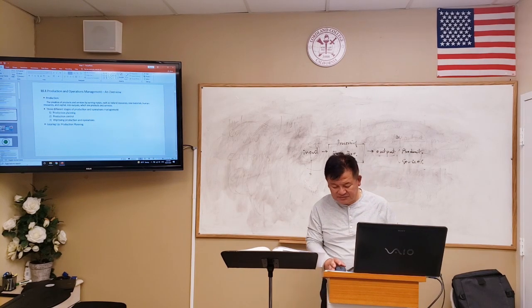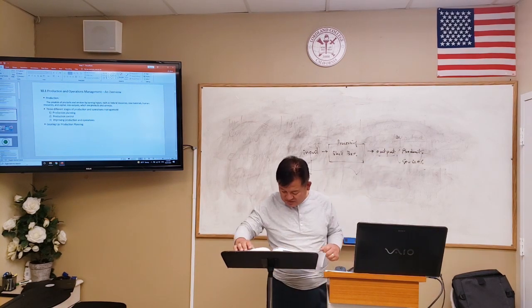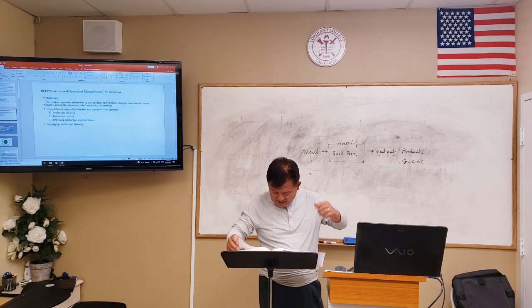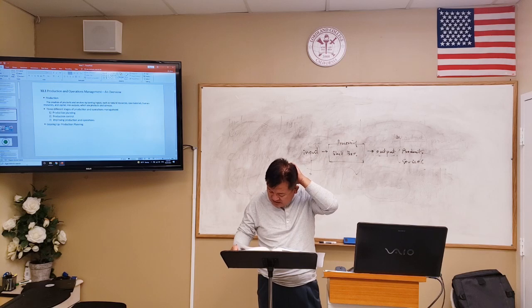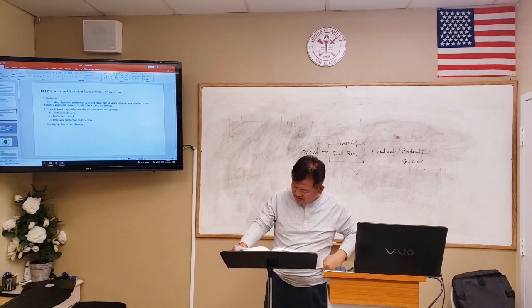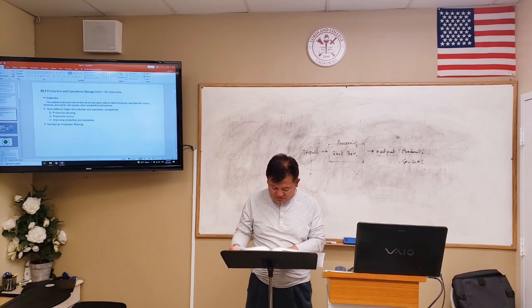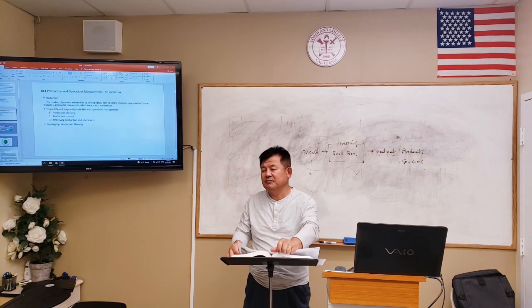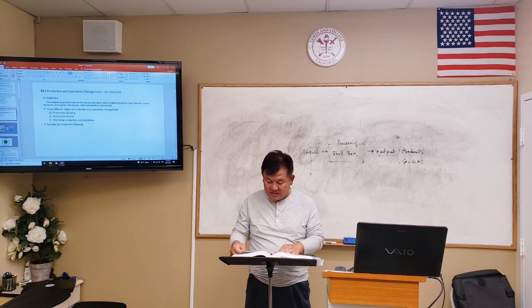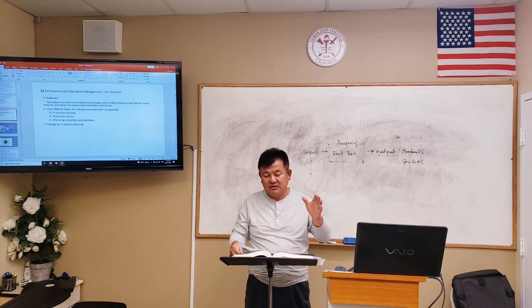Gearing up the production plan, what does it mean? An important part of operations management is production planning. Production planning allows the firm to consider the competitive environment. There are many competitive environments, especially in the strategic part, and we will study this.